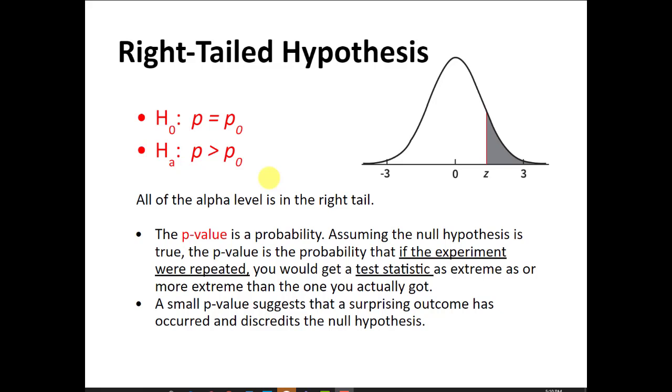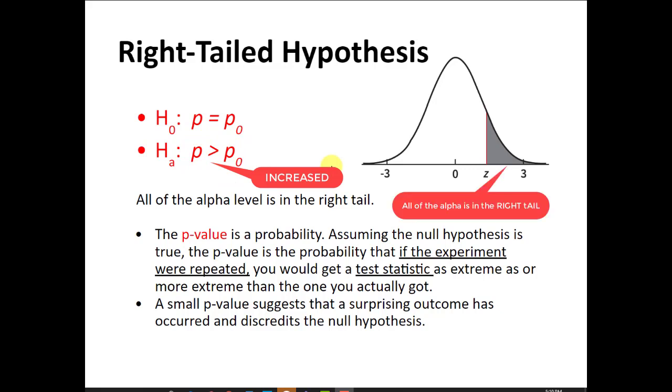But the same thing exactly happens, except it's going to be on the other tail. Again, the null hypothesis is just going to be the proportion of whatever we think the population proportion is, what it's stated to be. In terms of the alternate hypothesis, we're looking to see if the proportion in our sample is going to be greater than the expected proportion.